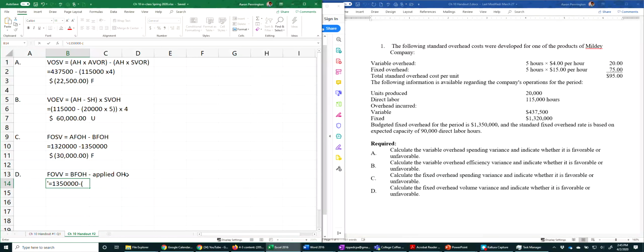Well, 20,000 units were produced. And then we look at these components: 5 hours per unit at $15 per hour. Keep in mind when we apply overhead, we are using the actual activity, 20,000 units times the budgetary standards. So we'll solve that.